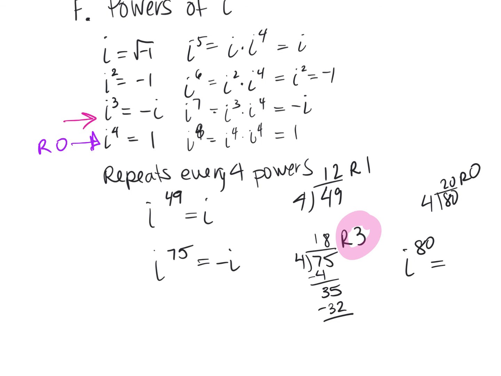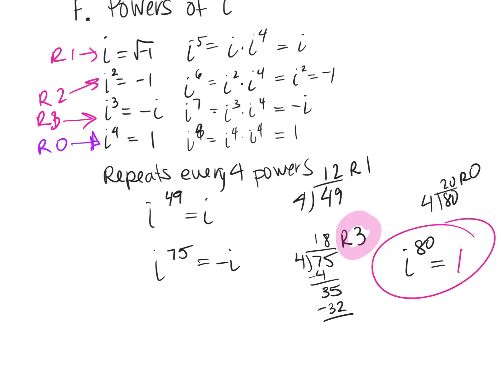Remainder 3 is negative i, remainder 2 is negative 1, remainder 1 is i. So i, negative 1, negative i, or 1 are your answers. This is equal to 1 because the remainder is 0. That means it finishes a pattern of 4 exactly on 4.